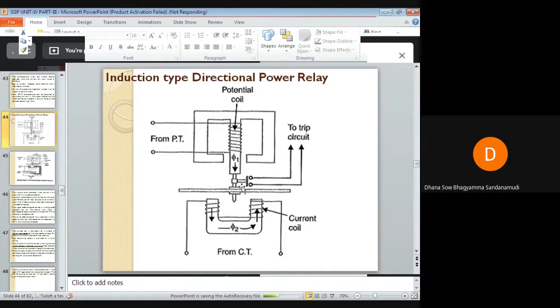When the moving contact comes in contact with the fixed contact, the trip circuit is closed, the trip coil is energized, and hence the circuit breaker is open. When the circuit breaker is open, automatically the faulty section is disconnected from the healthy section. So these relays are usually used to provide reverse power protection to synchronous machines.